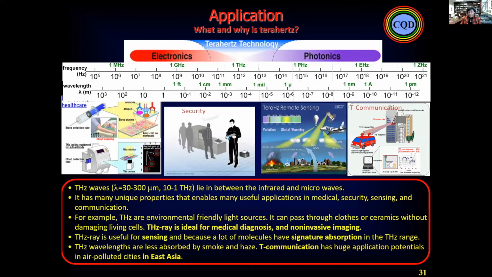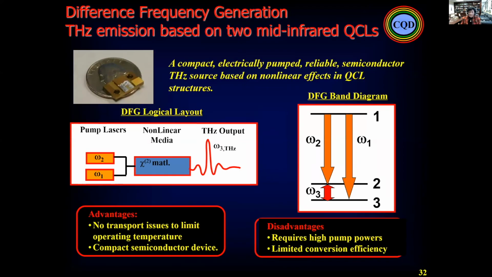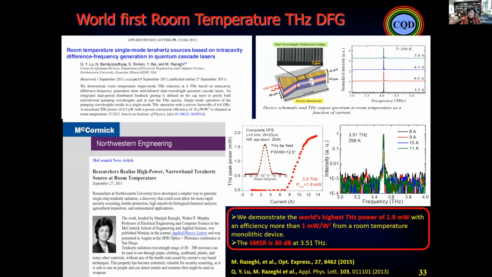Now for the THz, we know the applications of the THz for health, security, remote sensing, communication, everything. But what is missing? Missing are the diode lasers that we can use similar to the ones that we use in the infrared or in the visible. For that, we demonstrated there is a possibility with the DFG to have a room temperature THz emitter.